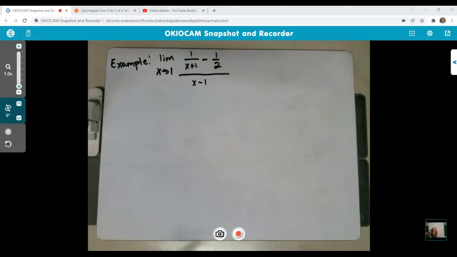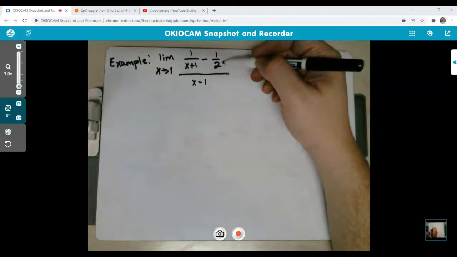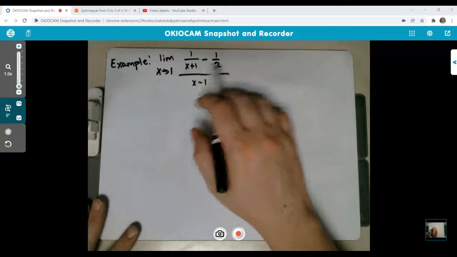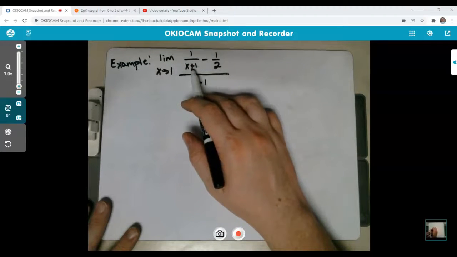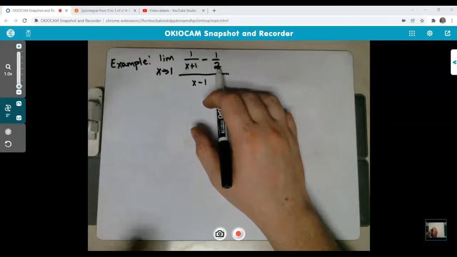It's really not too bad, though, because what I can do is get rid of these extra denominators by multiplying by the least common denominator, right? So how I do that, I see on top right here, I have a denominator of x plus 1 and a denominator of 2. I want to get rid of those.